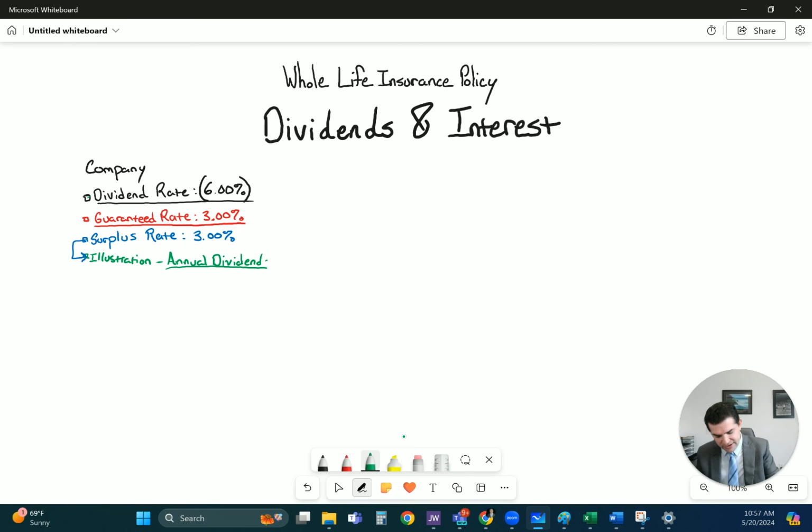The annual dividend column, so again, this is on the life insurance illustration, reflects everything, here we go, above the guaranteed rate. So the guaranteed interest is not reflected in that dividend column.